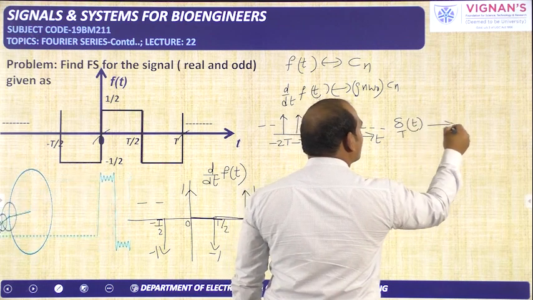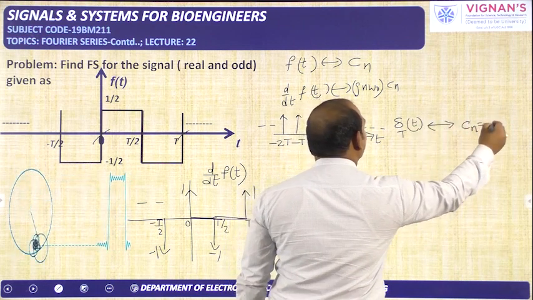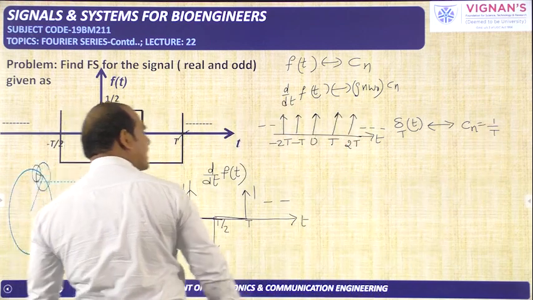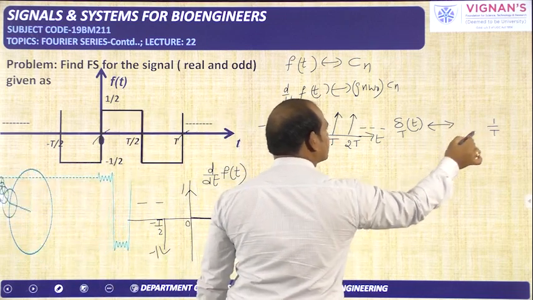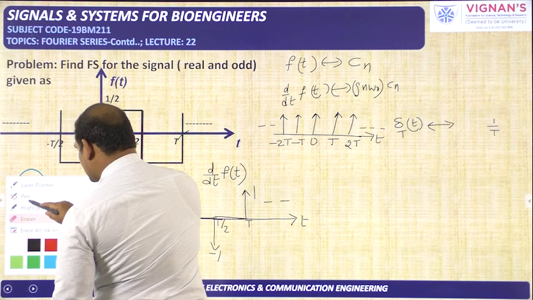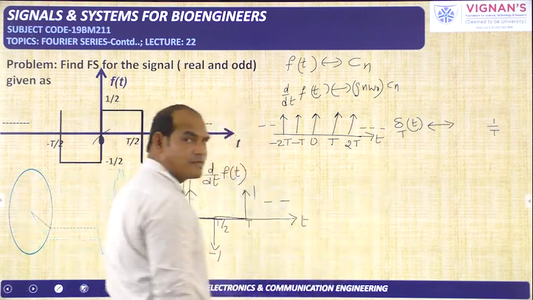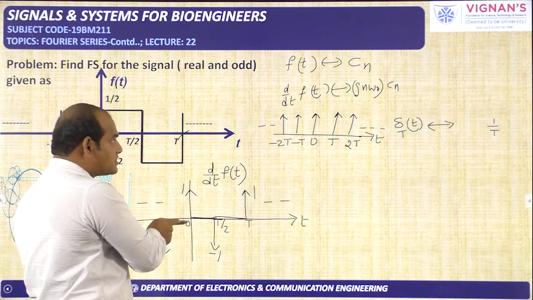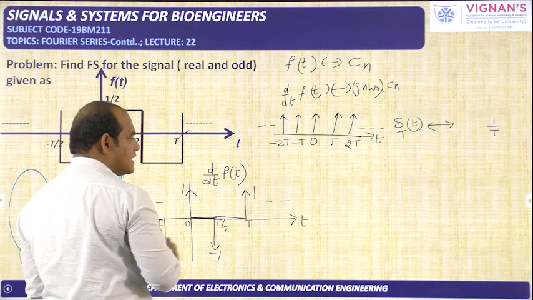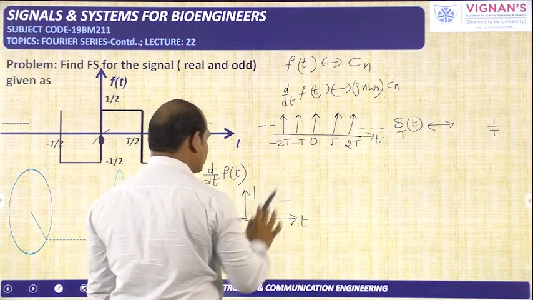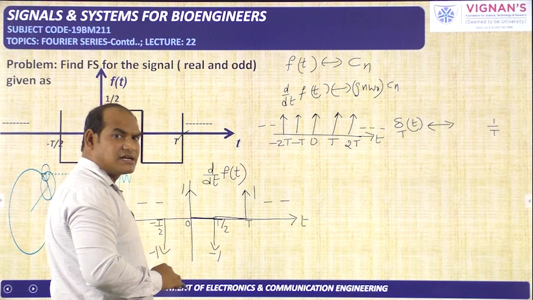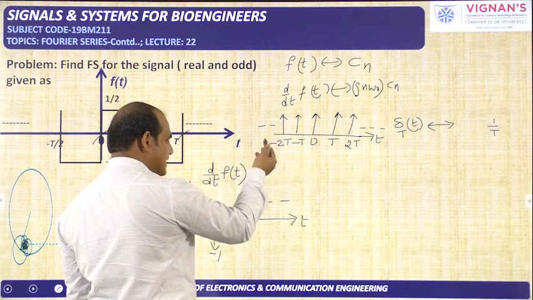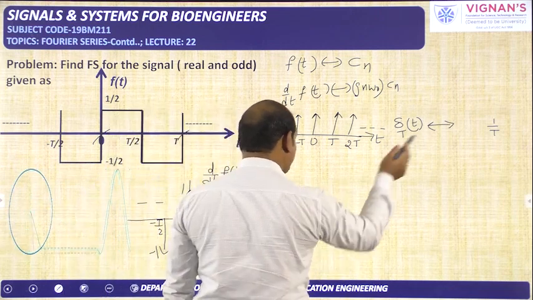It has the Fourier series coefficient Cn equal to 1/T. Instead of representing it with Cn, I am taking directly 1/T because the signal is already given. The same signal is available here above the x-axis: at t equal to 0 one impulse with strength 1, at t equal to T one impulse with strength 1, and like that many impulses. So the impulse train above the x-axis has the Fourier series coefficient 1/T.